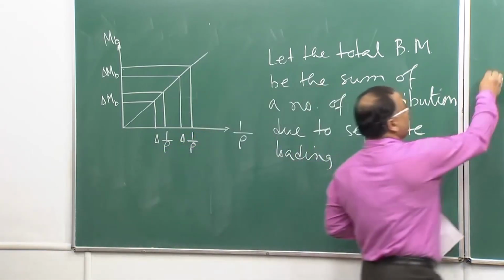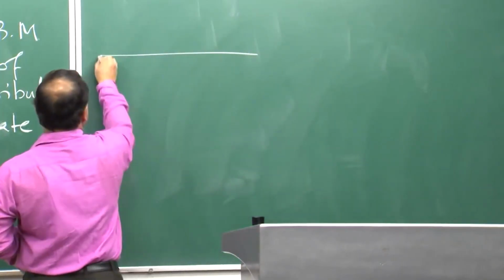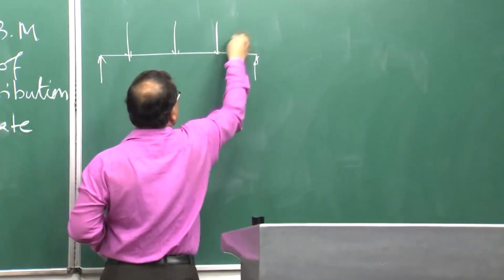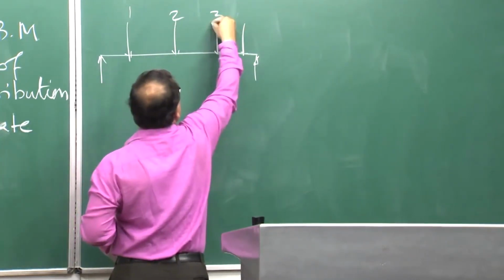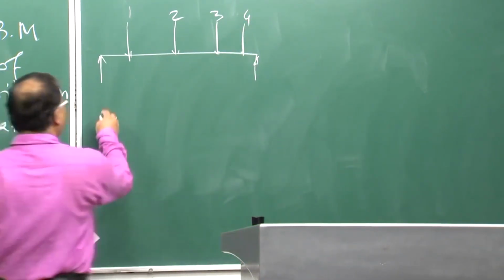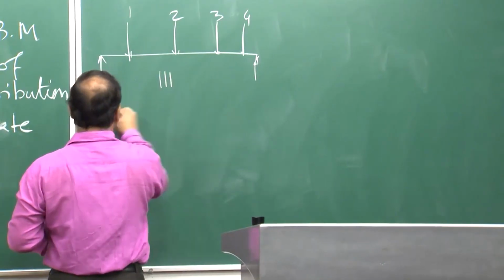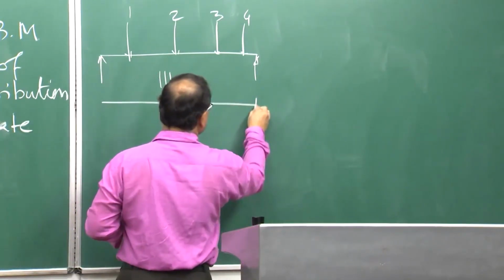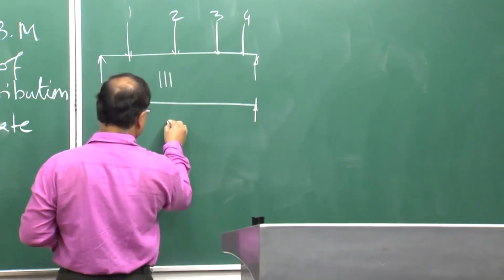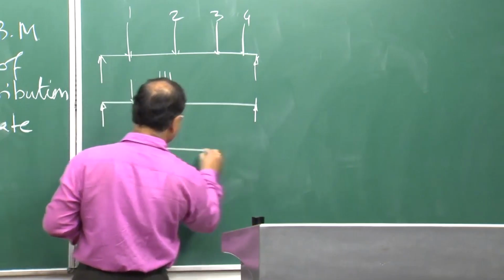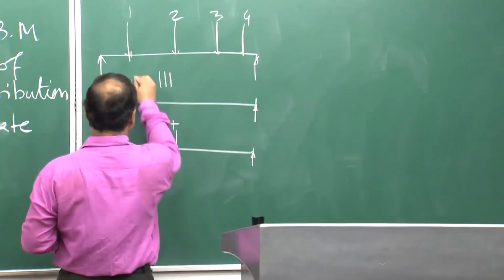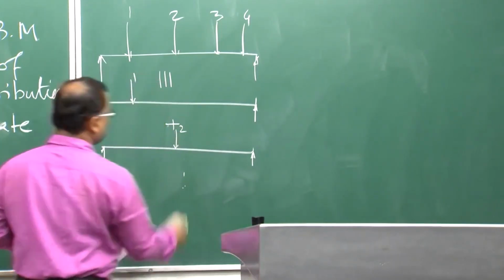Suppose this is one slender member under the action of different loads, 1, 2, 3 and 4. Now, this is equivalent to the same beam with this load, plus the same beam with this load, this is 1, this is 2 and so on.